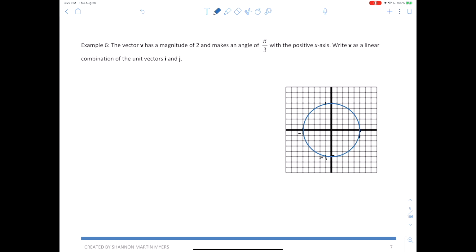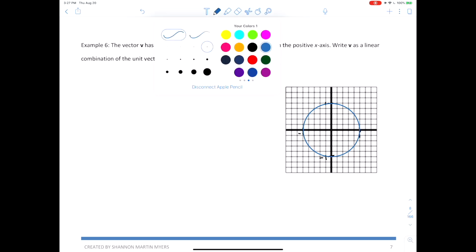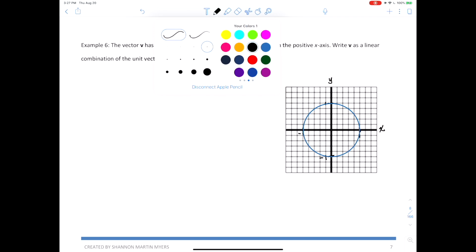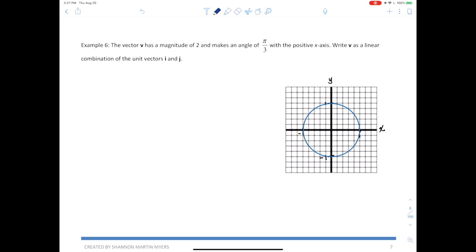Awesome. Perfect. So we've got our unit circle going on, and this would just be our x and our y, right? So let's draw our vector here. So our vector, what do we get? We know it has a magnitude of 2, right? So our vector v has a magnitude of 2.